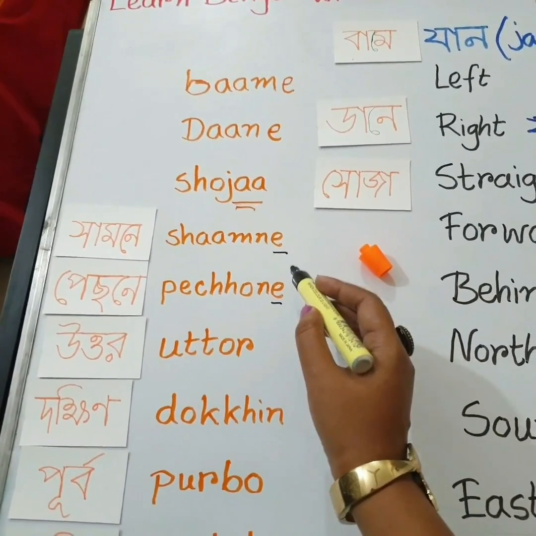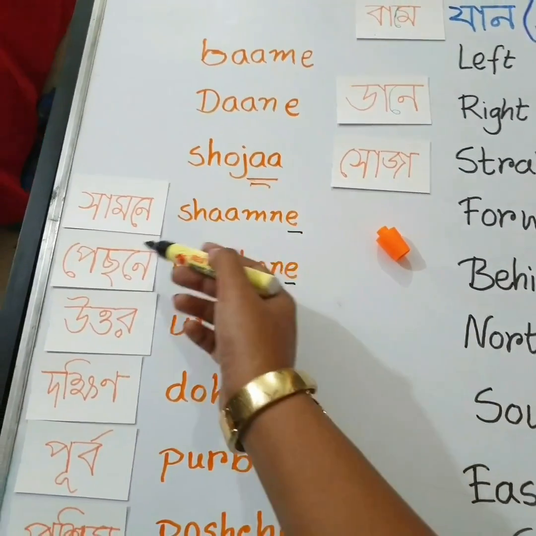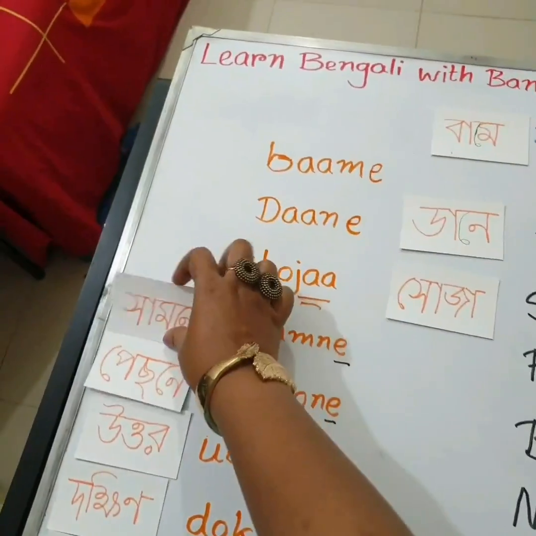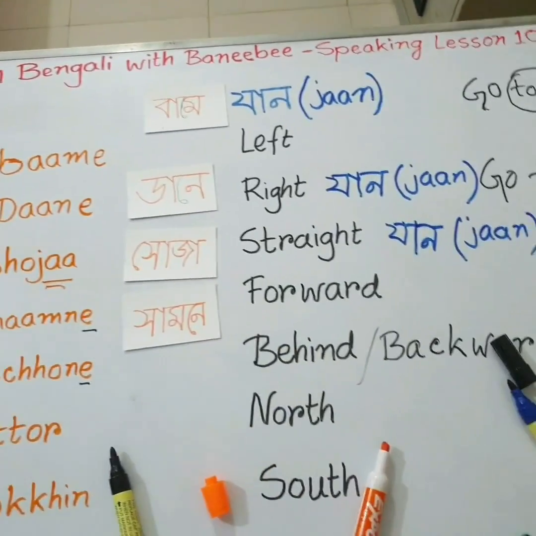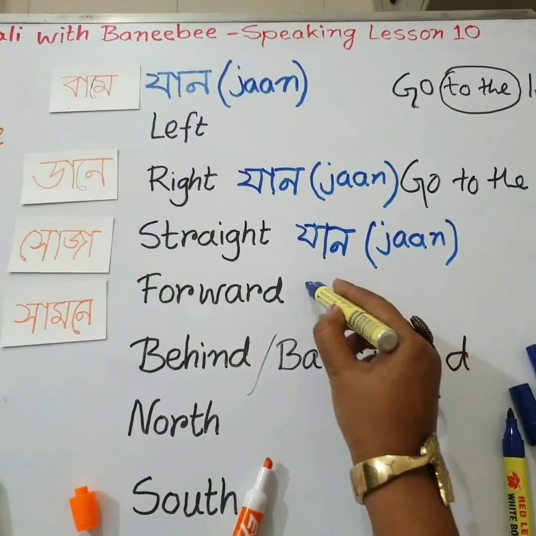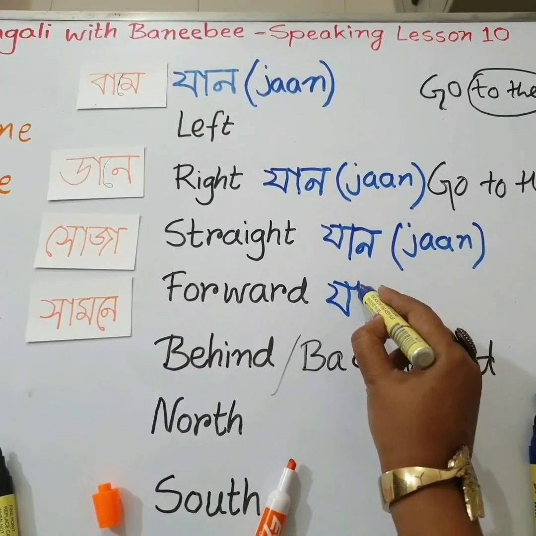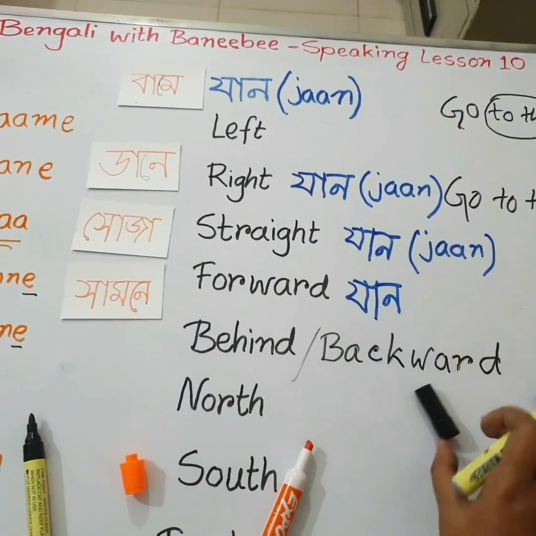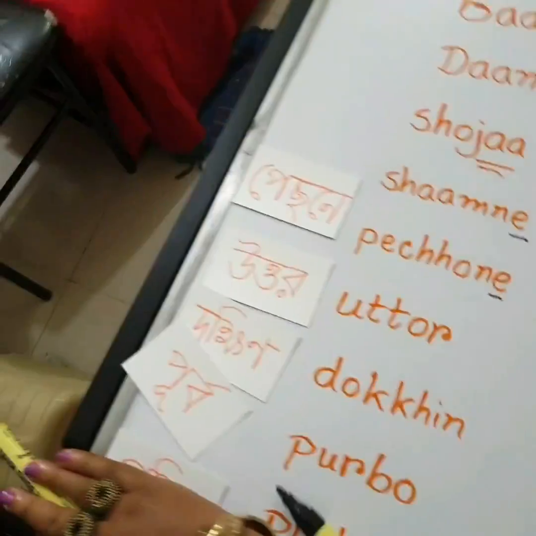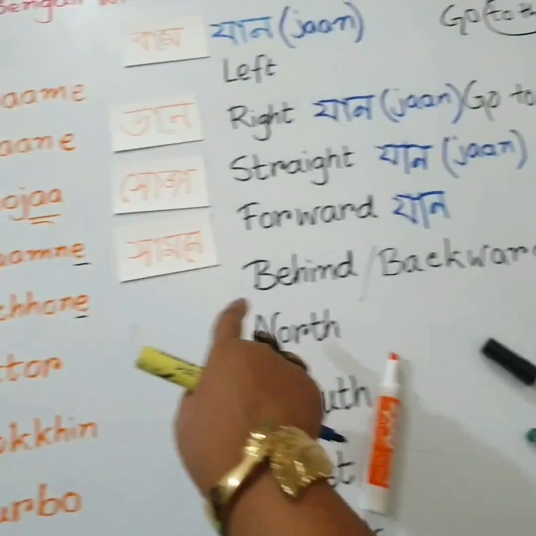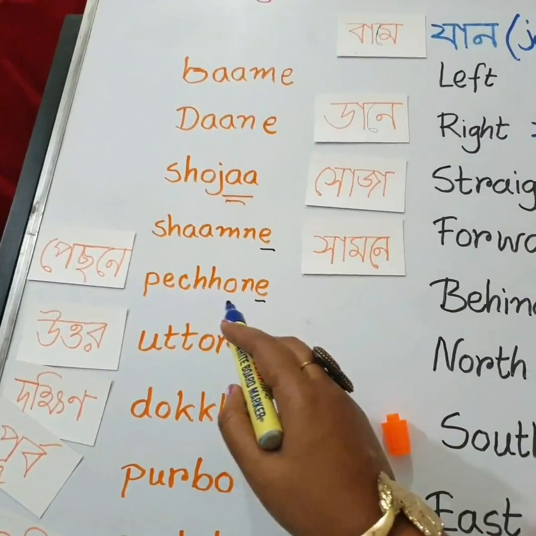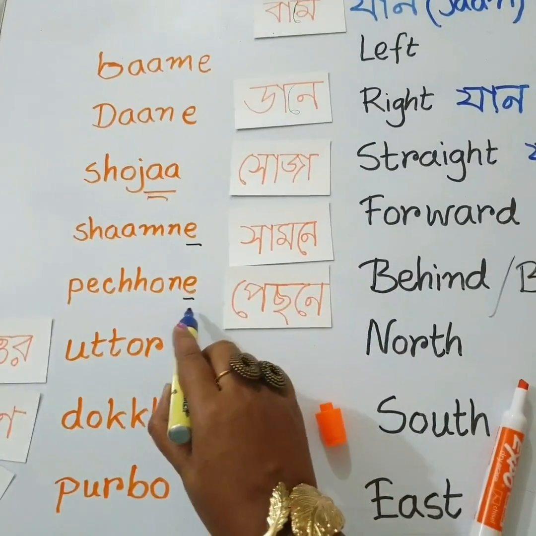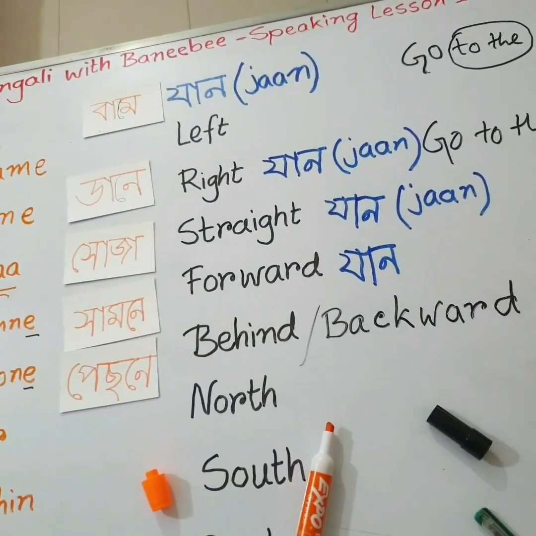That means we don't need to add any postposition with this as well because it already has it. So we will just say shamne jaan. The pronunciation is the same, right? Pechone. So here it is pechone. It also has this a. So we will just use pechone.